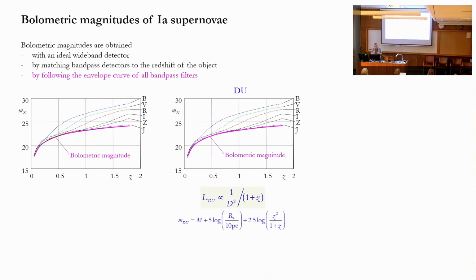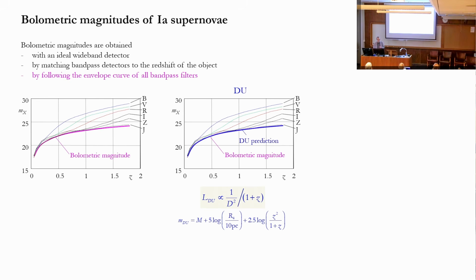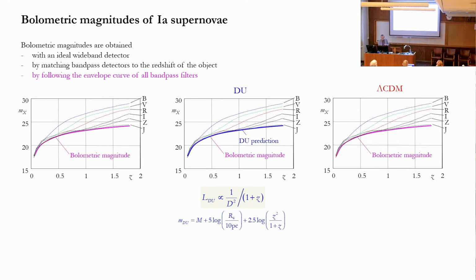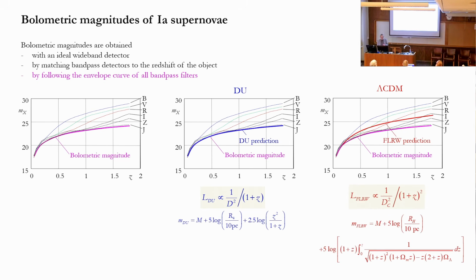Now let's see how it fits with dynamic universe. We have the bolometric here. Dynamic universe prediction is exactly here. When we add the standard prediction to the bolometric, we'll find that it makes a certain difference. And the reason is given here.